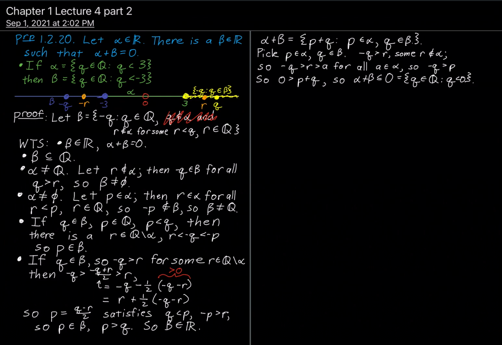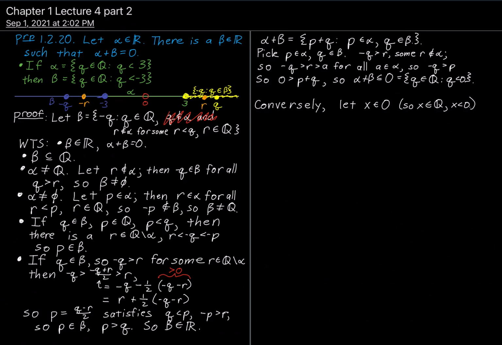All right, conversely, we're going to go ahead and let x be in 0. So x is a rational number. x is a negative rational number.